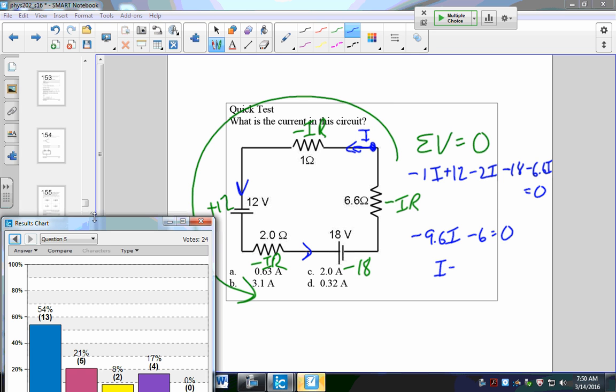And so I is 6 over negative 9.6. So that must be 0.63. It actually comes out negative.